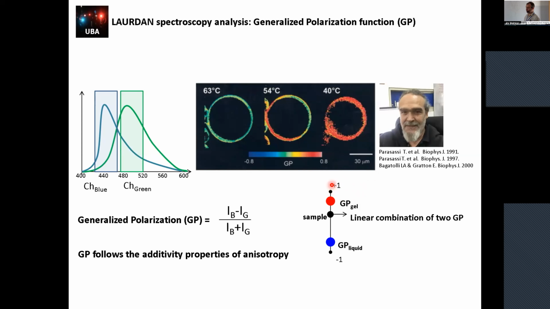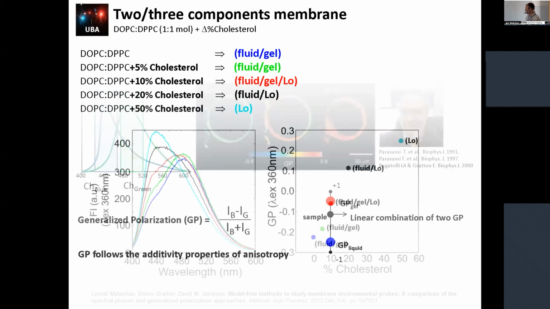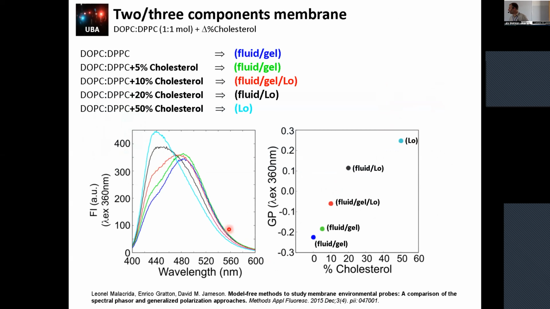So you cannot use them as an input in the formula in order to obtain the fractions. This is a limitation, and it is important also in cells because you don't have these original steps. So you cannot say what is the beginning and what is the end of the GP in order to obtain the fraction. So let's see if with the spectral phasor we can do something better.